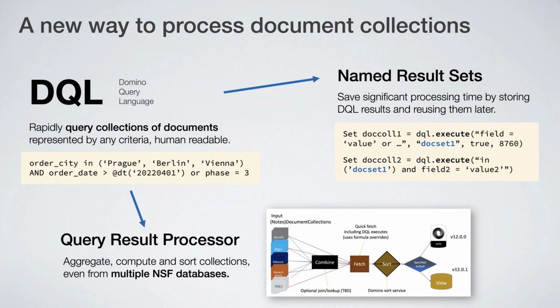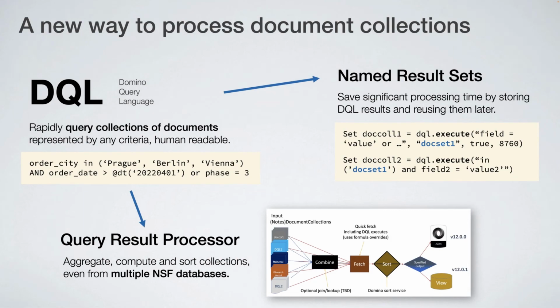And now in version 12.0.1, we added another feature, which is called QRP, Query Result Processor, and it allows developers to merge or join document collection results from multiple databases.